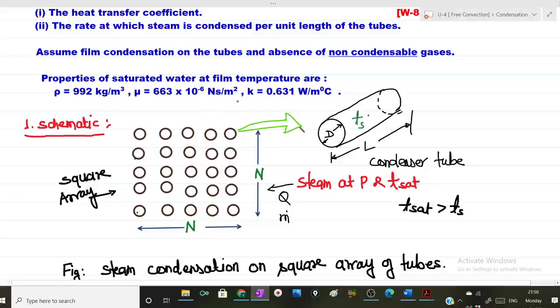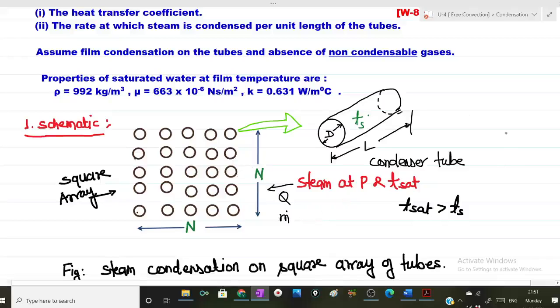In the enlarged form, one of the tubes is shown in this diagram having diameter capital D and length L and surface temperature Ts. By virtue of this temperature difference, heat transfer will take place from the steam to the condenser tubes, and steam will get condensed and will be flowing in the downward direction at the rate m dot.